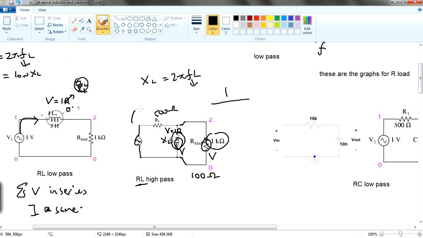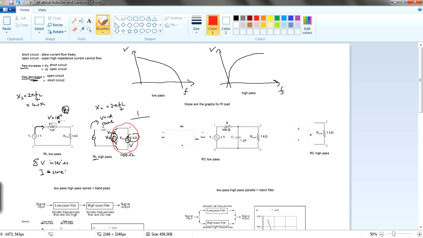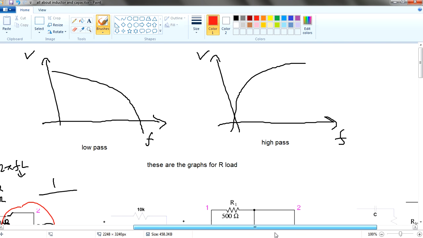So if V equals IR again, this resistor is going to draw more voltage. So this one will have a lesser voltage. In this case, if the frequency is low, as you can see, this is already the high pass behavior.